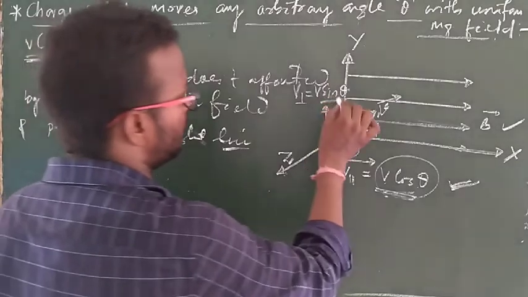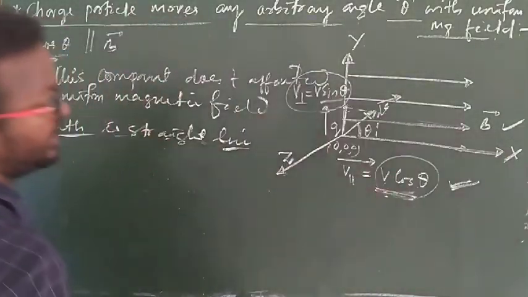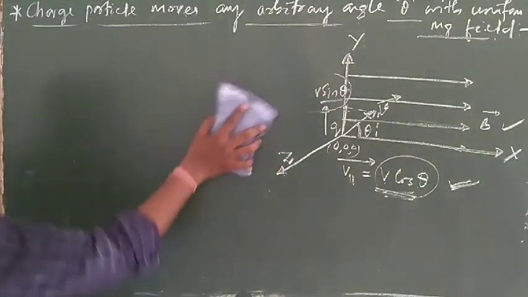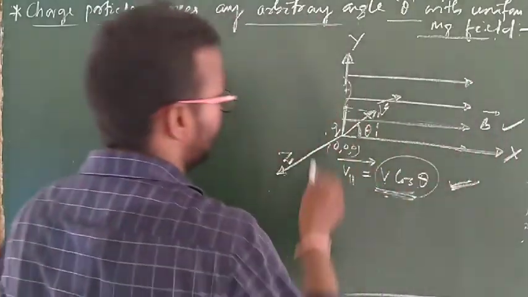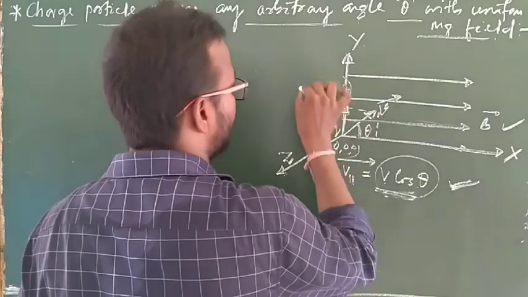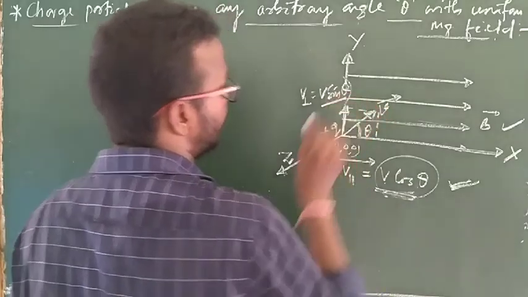If we discuss the perpendicular component, that is V sin theta, this is the charged particle Q, a positive charged particle, and here the perpendicular component is V sin theta.